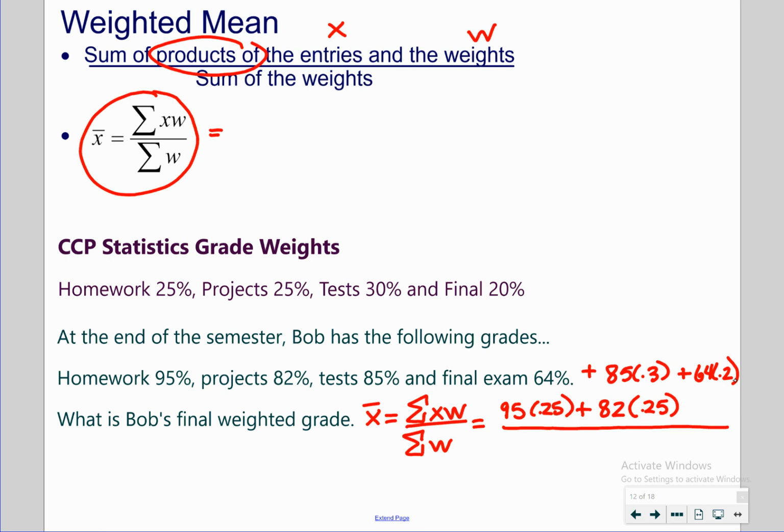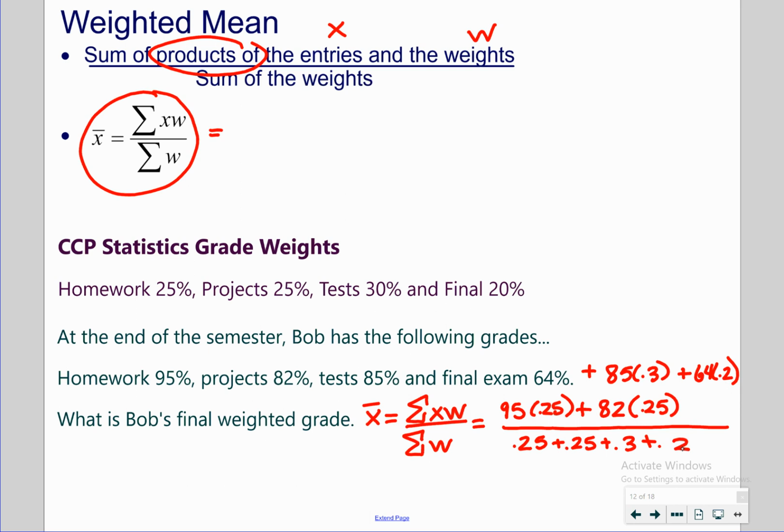And then we divide by the sum of the weights, which the weights are just the category percentages, 0.25, 0.25, 0.3, and 0.2. And if it's a final grade in a class, the sum of the weights there should add to 1. So when you guys calculate your final grade in this class, likely you don't do the denominator because the final percentages add to 100%, which means you're dividing by 1, which means it doesn't change it.